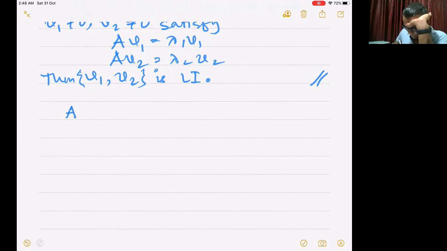So this is only sufficient that A must have n distinct eigenvalues.